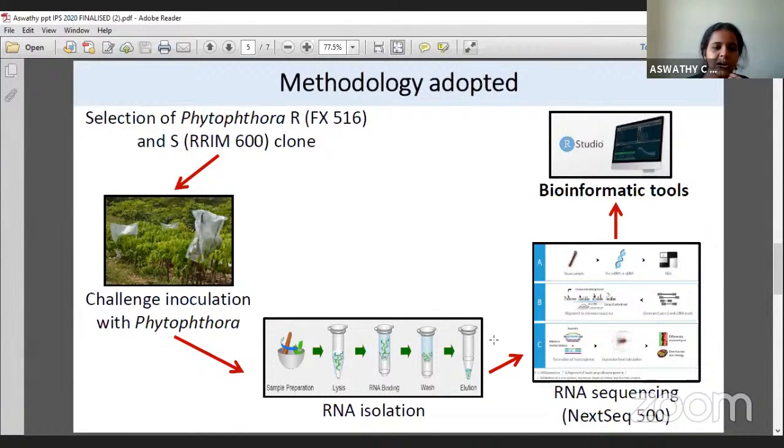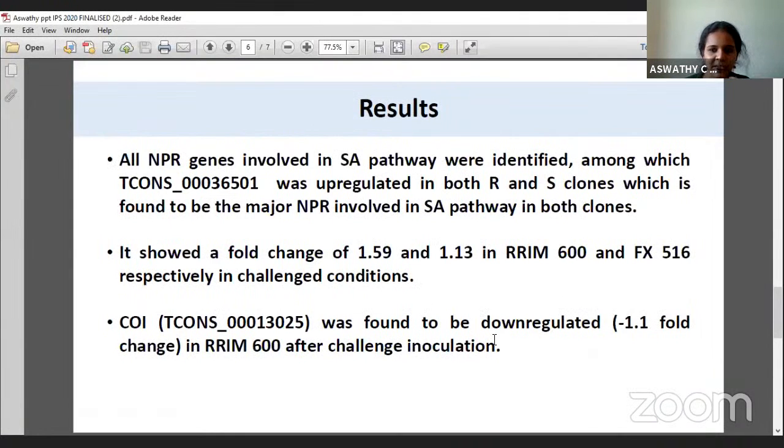For this, we prepared the transcriptome of resistant and susceptible clones of rubber in control and disease conditions, and using bioinformatic approaches, first we identified all the NPR genes, the key regulator of the salicylic acid pathway.